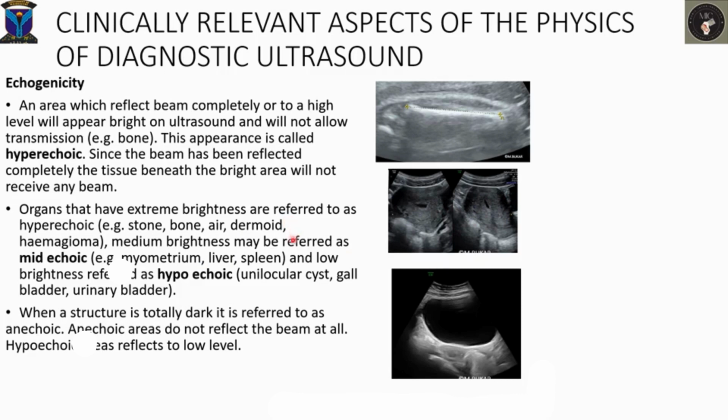The urinary bladder and the gallbladder are considered hypoechoic or anechoic. Generally, when we say that the structure is anechoic, what it means is that it absorbs the beam fully without reflecting any.